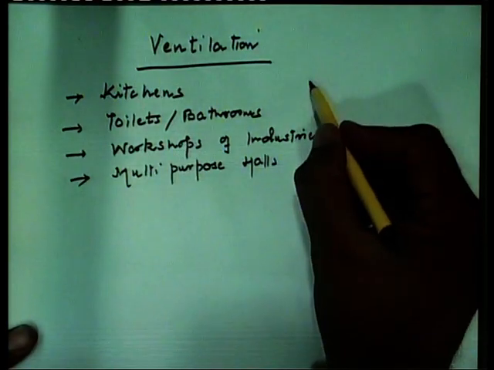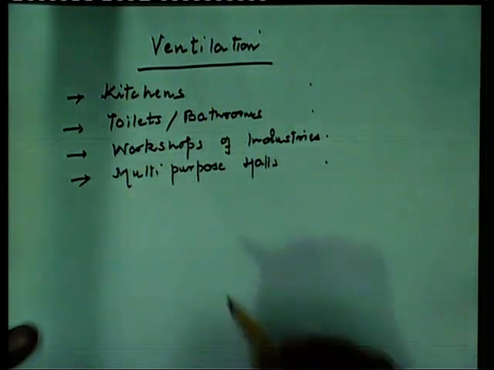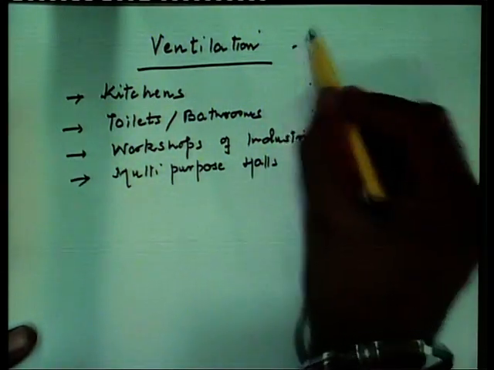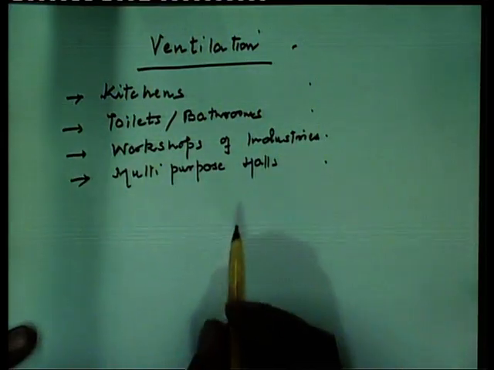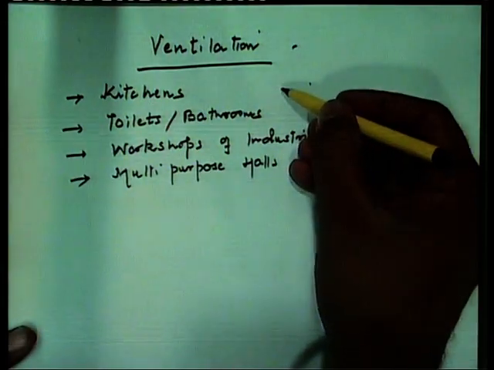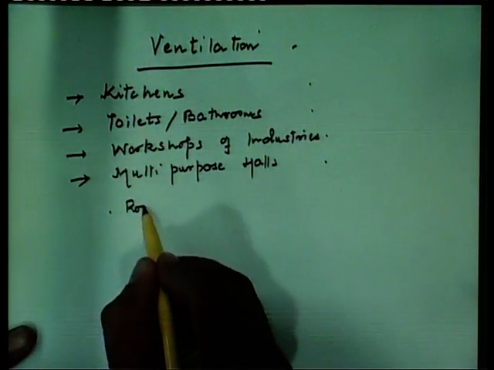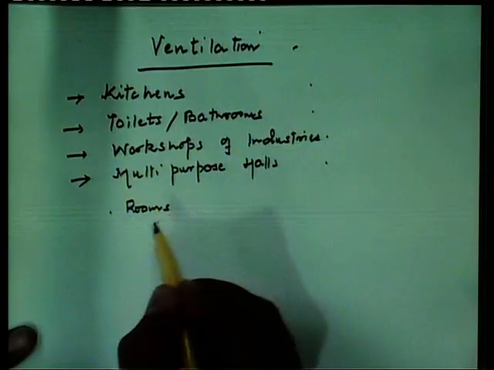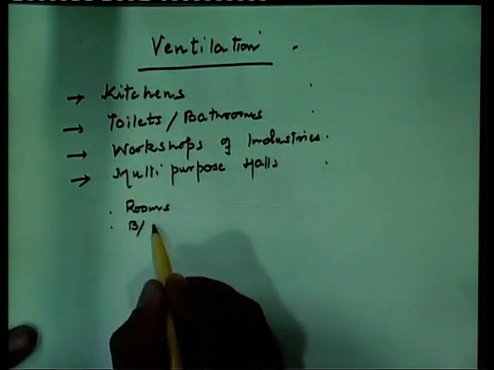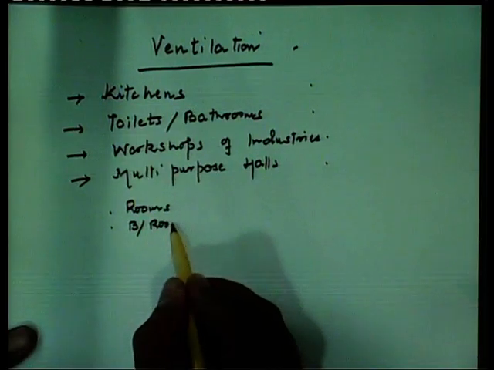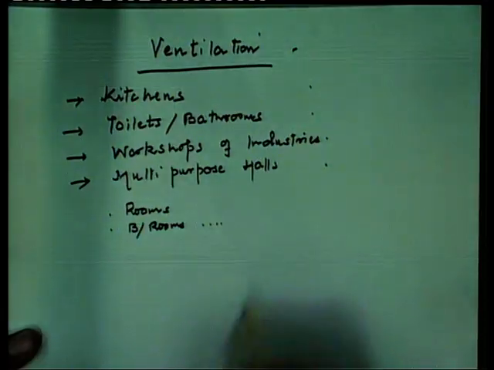In all these four areas, you will see a special provision of ventilation, which is provided everywhere, not only in these regions but also in rooms, classrooms, residential areas, our bedrooms, the dining rooms or drawing rooms, and many more places.